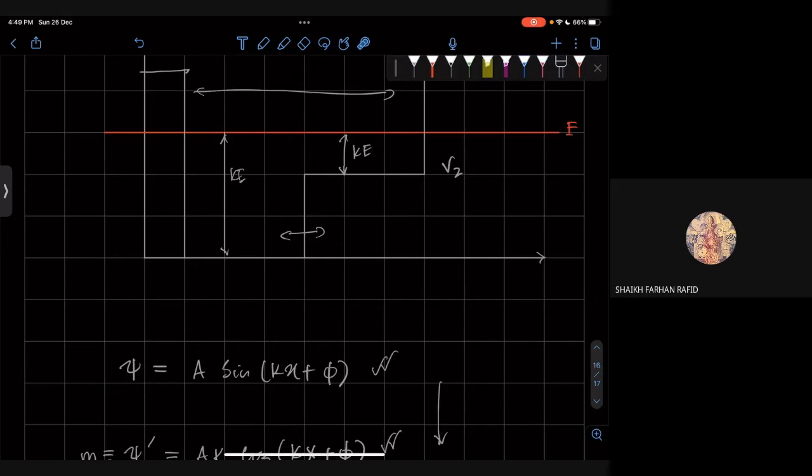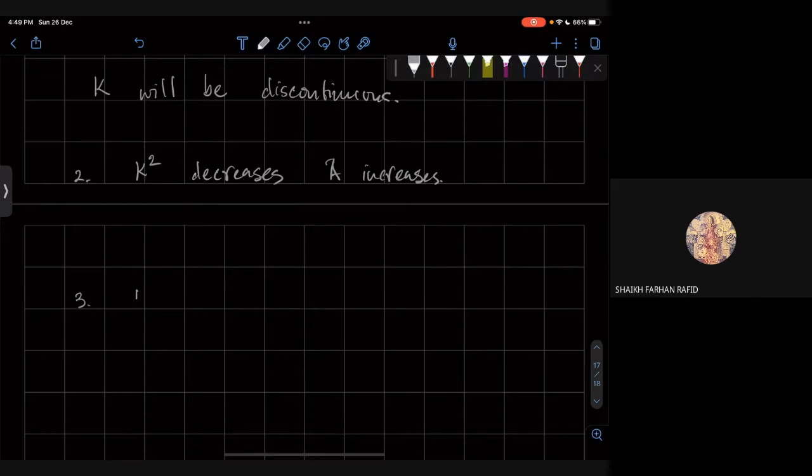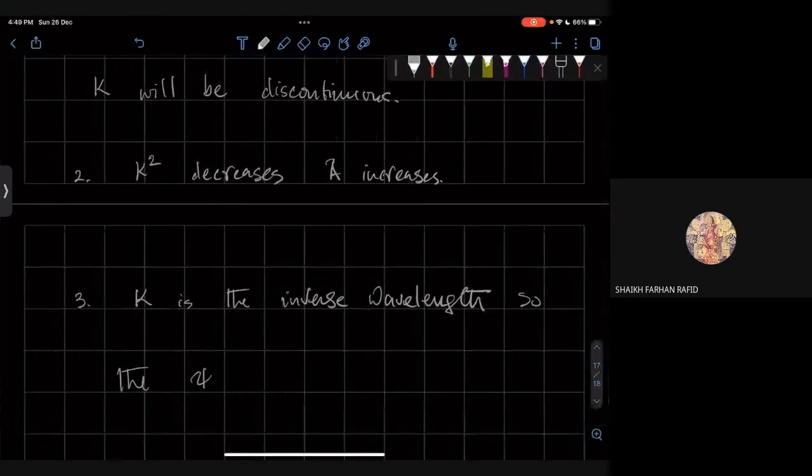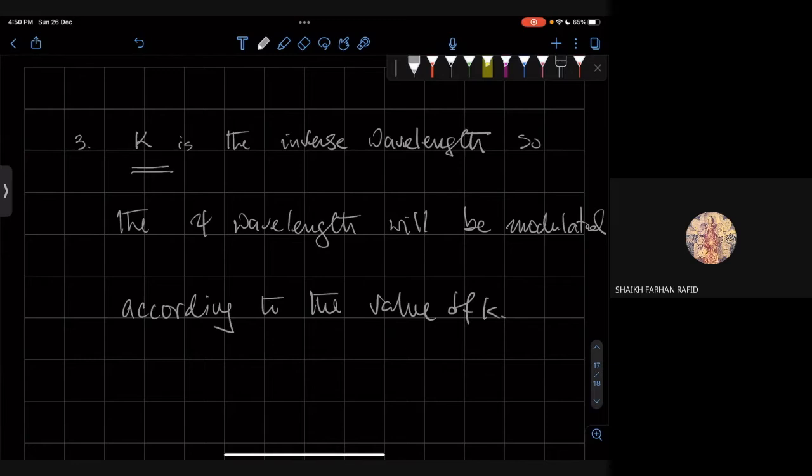The other thing is that k is related to the wavelength, right? k is the inverse wavelength. So the wave function's wavelength will be modulated according to the value of k. So if k is large, the wavelength will be short. If k is small, the wavelength will be large.